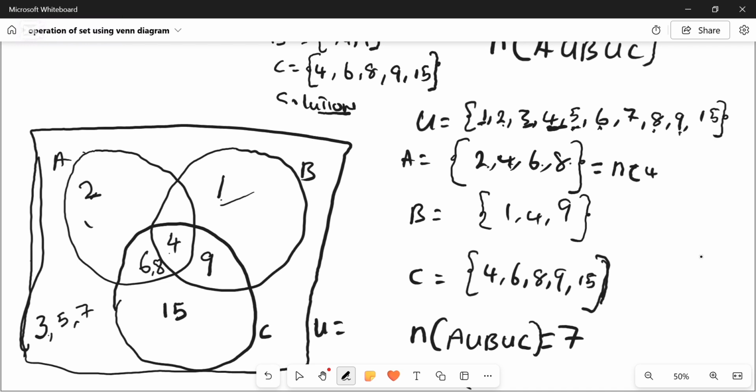So the number of elements in the subset A is 4. Number of elements in subset B is 1, 2, 3. Number of elements in subset C is 1, 2, 3, 4, 5. So it's 5.